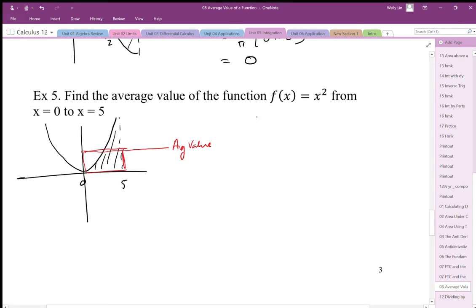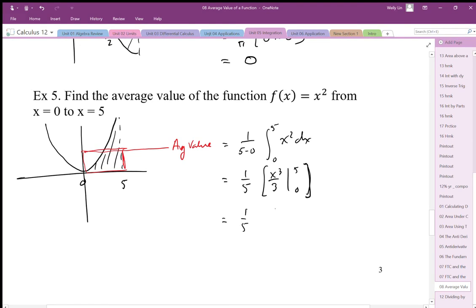If I'm going to do that, again, my average value is going to be equal to the interval width and then the area in that interval. The interval width is 5. The area is going to be x cubed over 3 from 0 to 5.